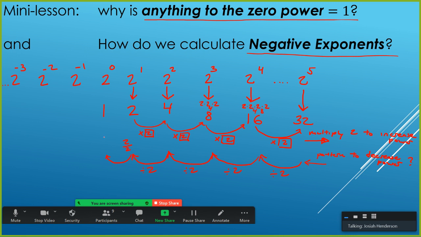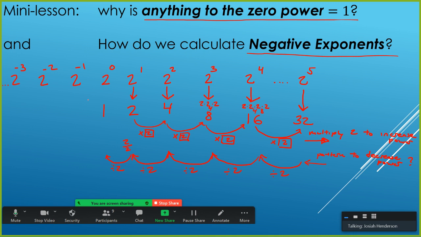Remember that other rule we use a lot, anything divided by itself is 1. That's why anything to the 0 power is always 1, because the zero power is the base divided by itself, going backward in this pattern. It's 2 divided by 2, 1.